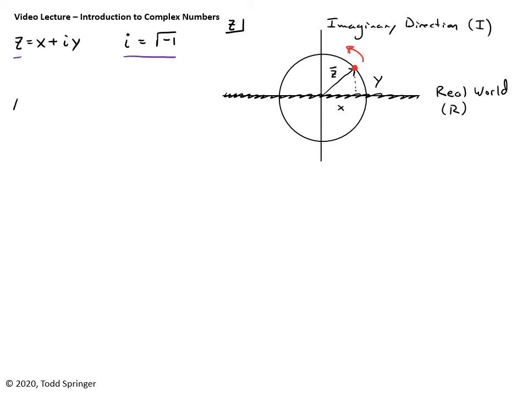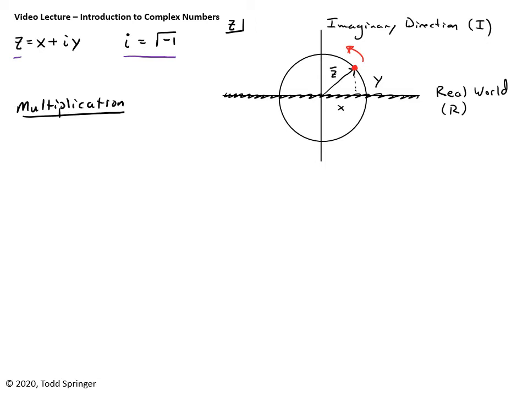So let's try multiplying complex numbers. And this goes through just exactly as you would expect. The only thing you have to remember is that i squared is -1.